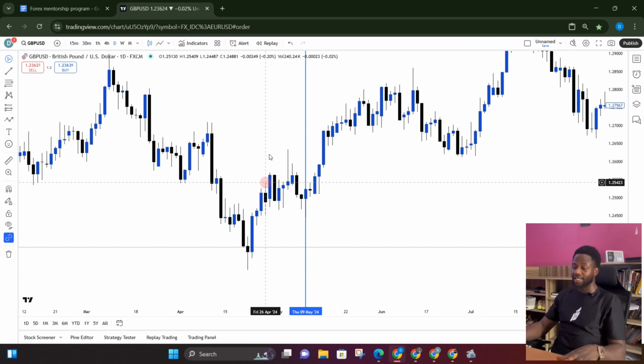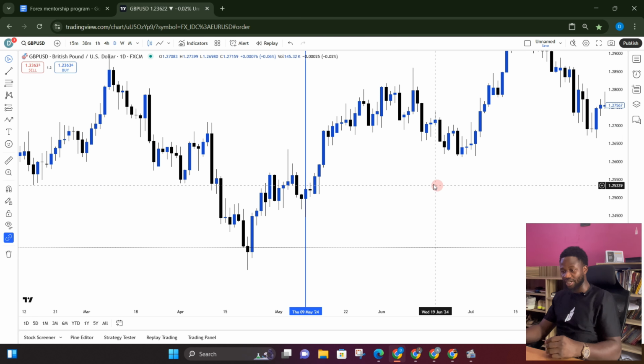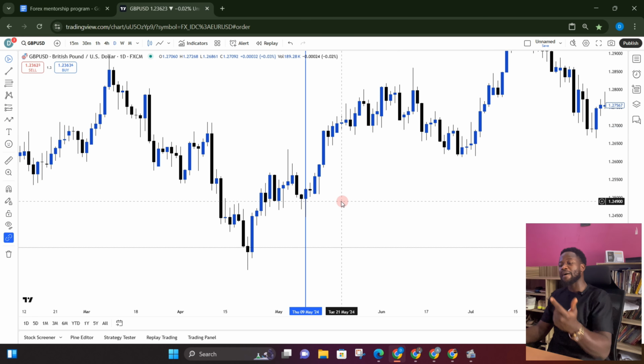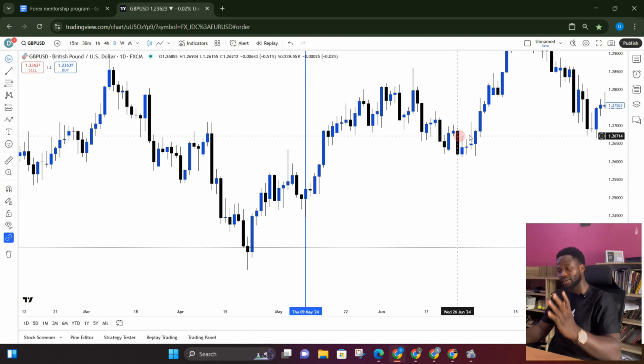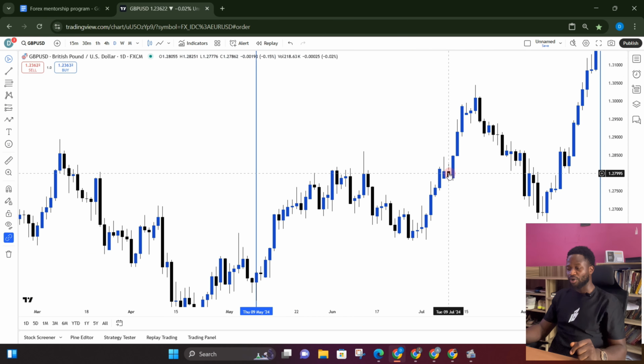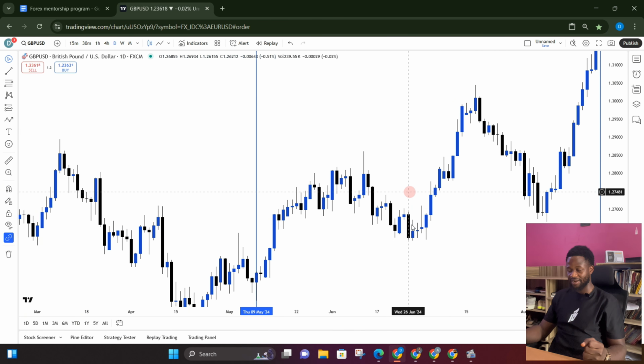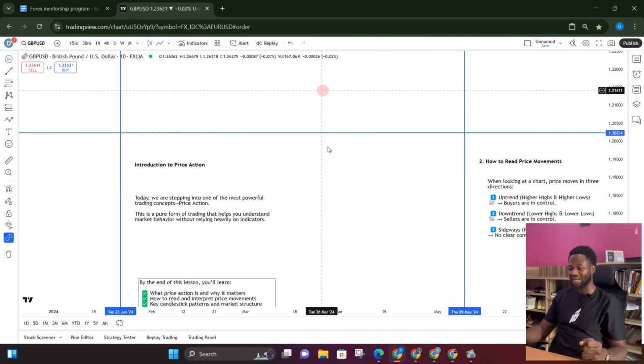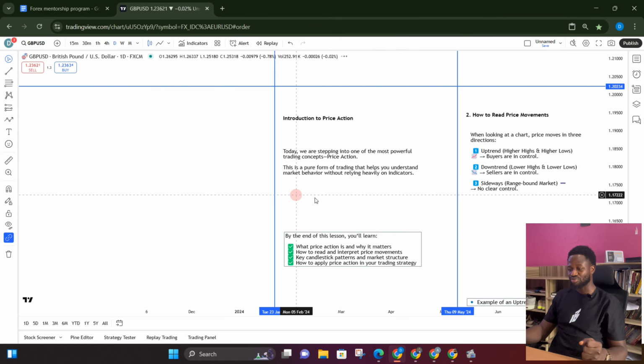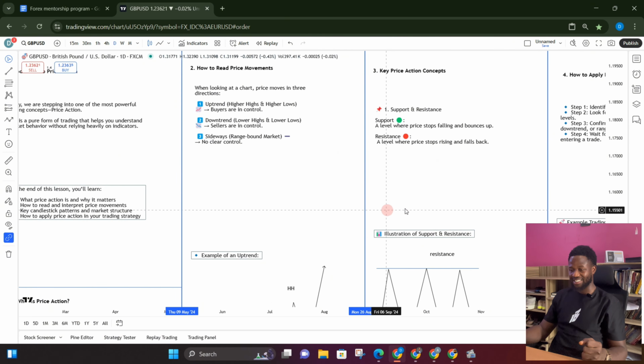If this was in an uptrend and we still saw something like this, what it can mean is a confirmation of the uptrend. For example, look at the one that we have here, right? It confirmed that, oh, this thing is still strong, let's go, and it went all the way to this place, right? That is just what that is. Very simple and nice.